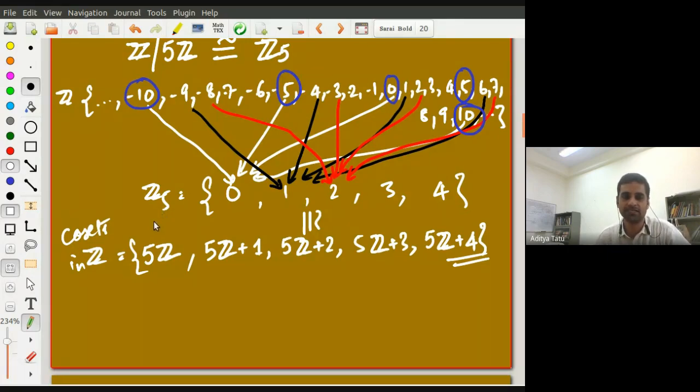So the interrelationship amongst the cosets is the same as that of Z5. As sets, Z5 and Z quotient 5Z are different, but as groups they are isomorphic and can be considered the same.